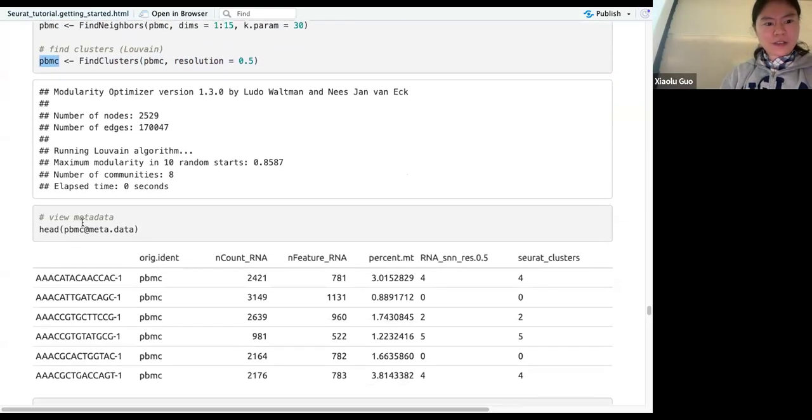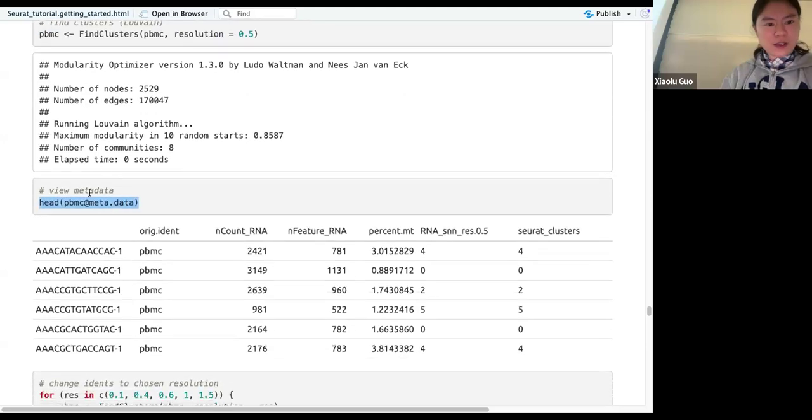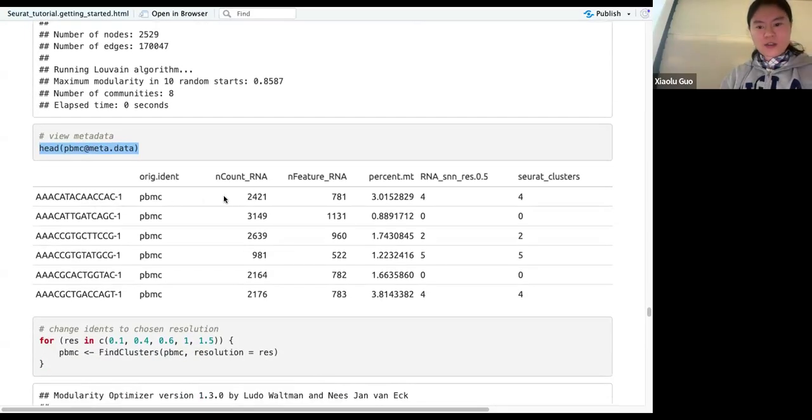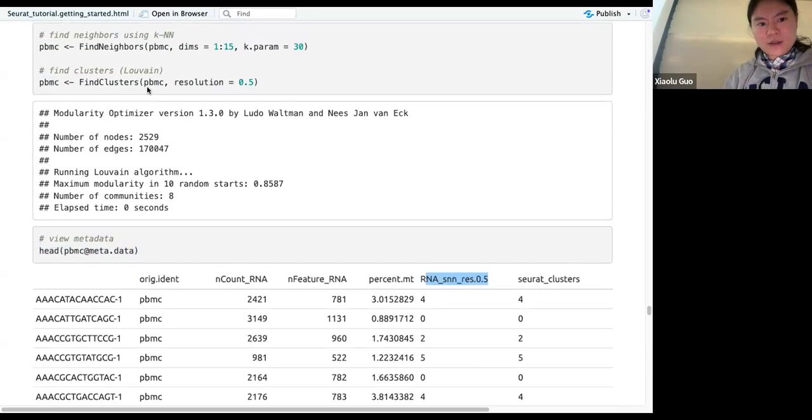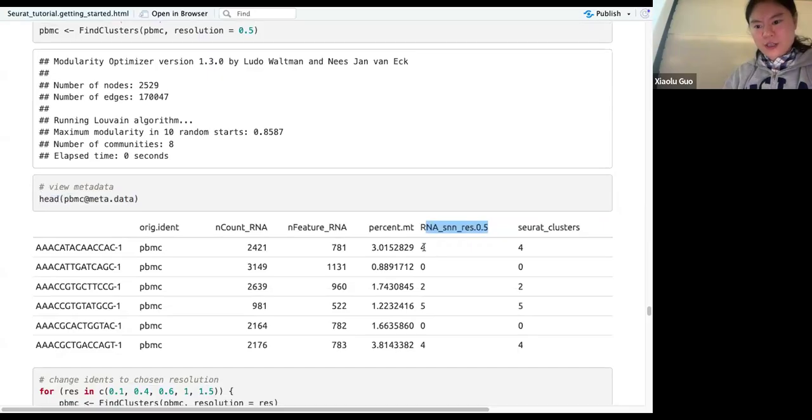And after we define the clusters, we can have a quick look at the resulting object. So we previously had these quality control metrics, and now we also have these newly defined clusters. So here, for example, this is the barcode of the cell. Okay, so the projector has some problem.